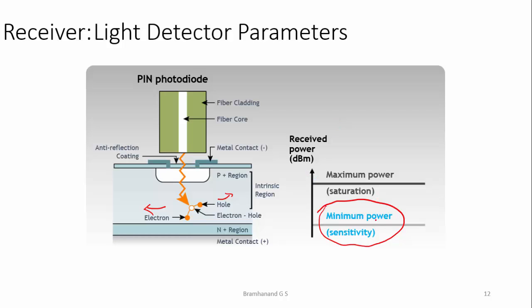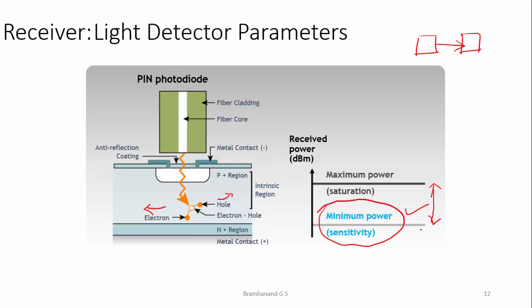If the power received by my receiver is less than the minimum power required, then it cannot analyze the data. It cannot convert the optical signal to an electrical signal. So the power received by my photodiode should be in a band.